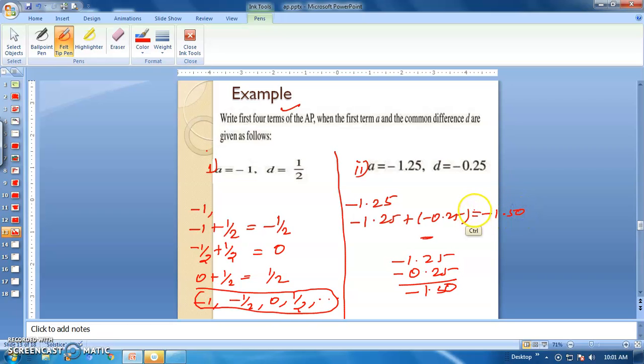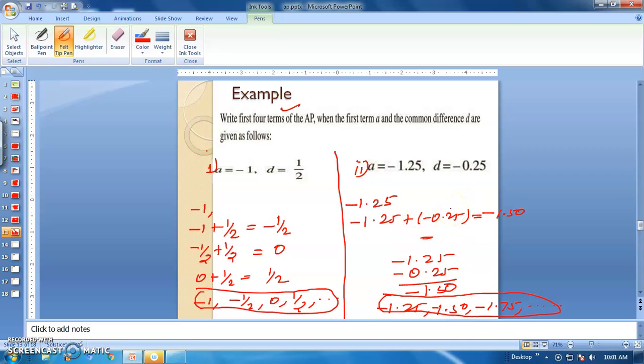And what about the next one? Similarly you can add like this. So we obtain the series minus 1.25, minus 1.50, and next if you add, minus 1.75. It will come like this. That is the required AP of the second one.